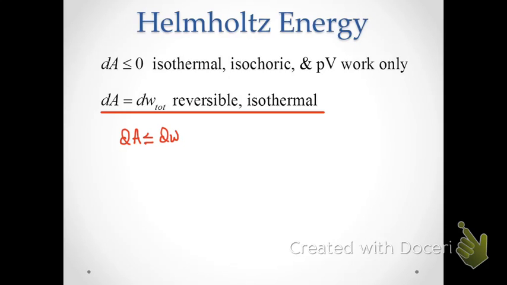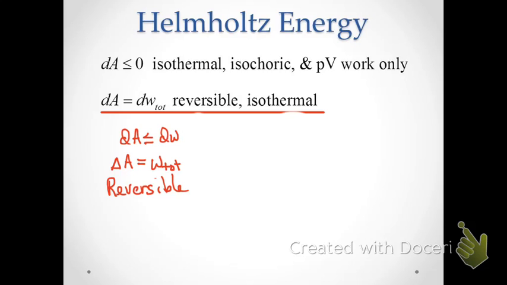So if we have an isothermal reversible process, then dA is going to be equal to dW total for that particular process. It's going to be less than dW total if it's an irreversible process.